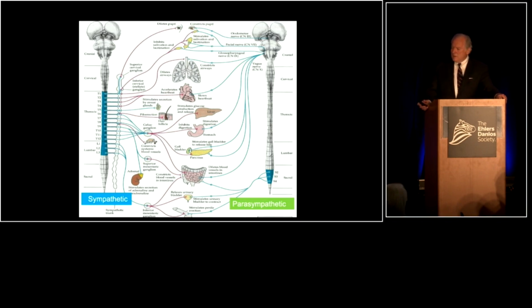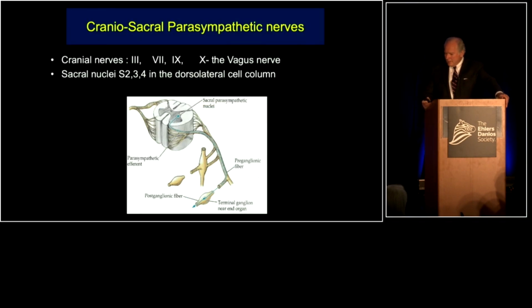And on the right side are the parasympathetics, and they're composed of two groups: one set of fibers from the brain, the cranial nerves, especially the vagus nerve, cranial nerve 10, and the other set of fibers from the base of the spinal cord, the sacral nuclei S2, S3, S4, and they innervate the bowel and the bladder and the pancreas and stomach to keep those organs, those vegetative functions going.